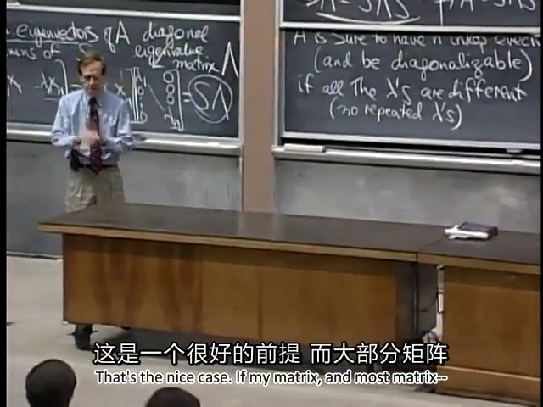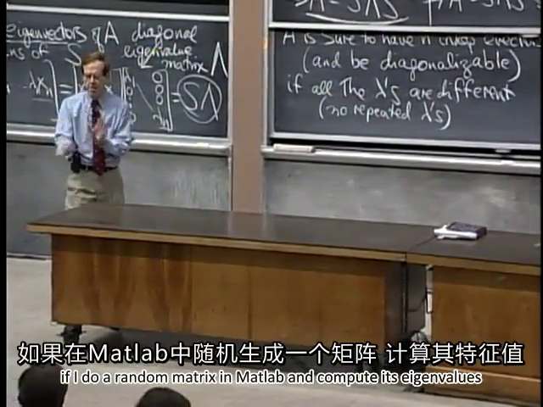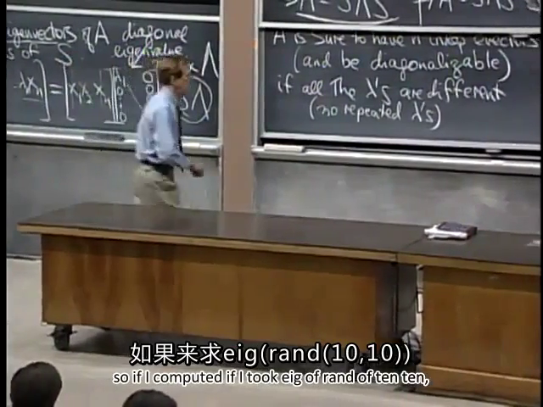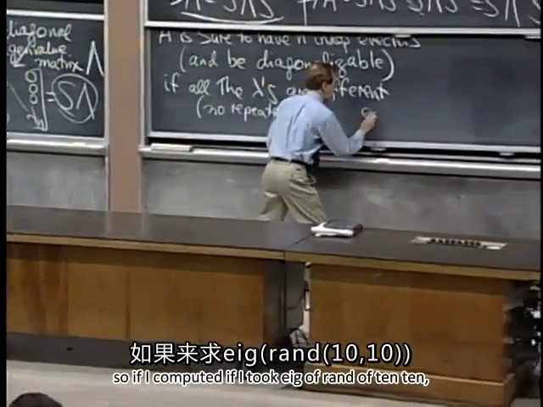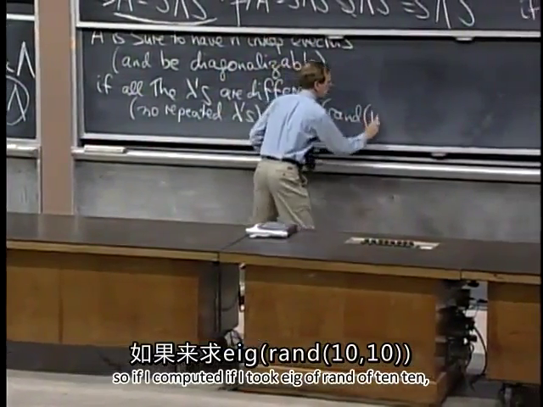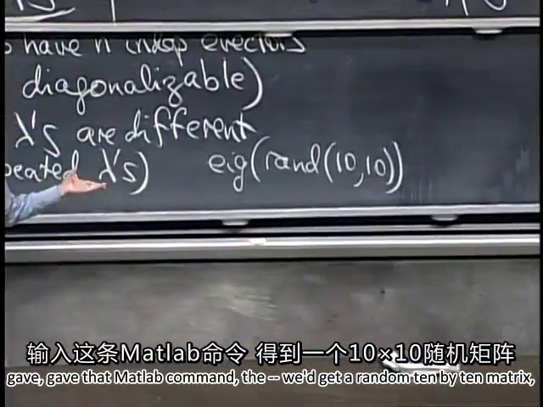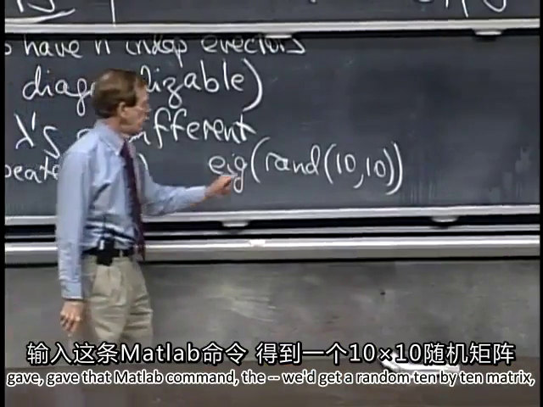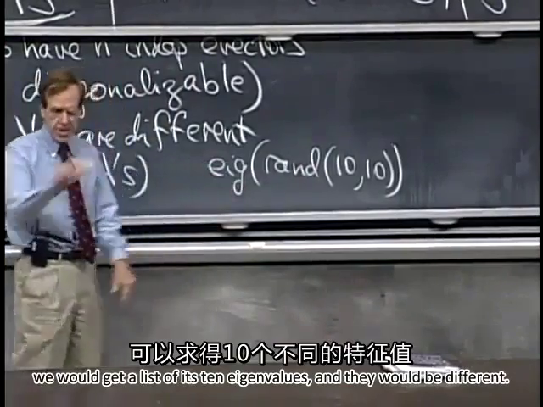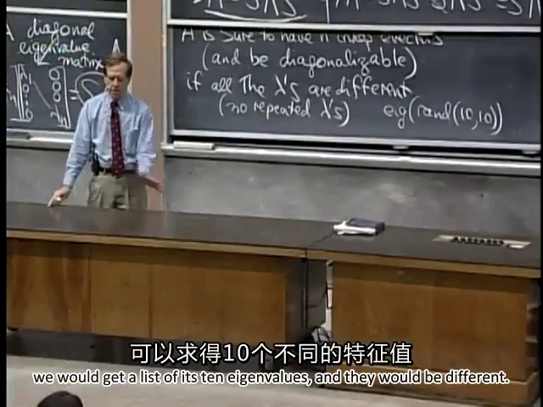If my matrix, and most matrices, if I do a random matrix in MATLAB and compute its eigenvalues, so if I took eig of rand of 10, 10, gave that MATLAB command, we'd get a random 10 by 10 matrix. We would get a list of its 10 eigenvalues, and they would be different.